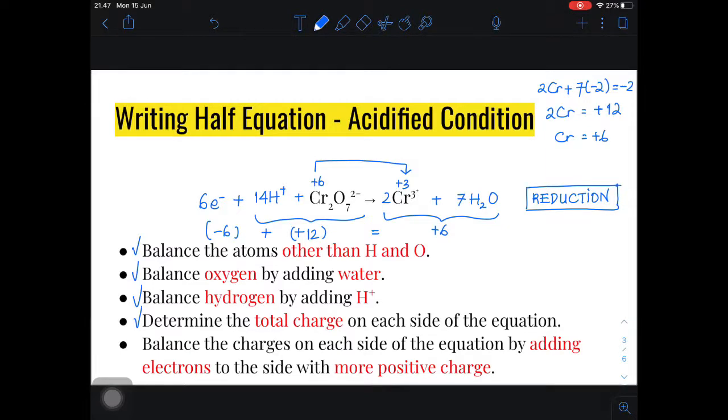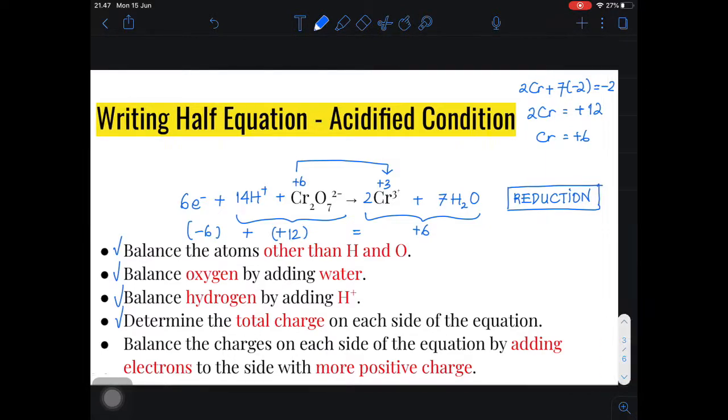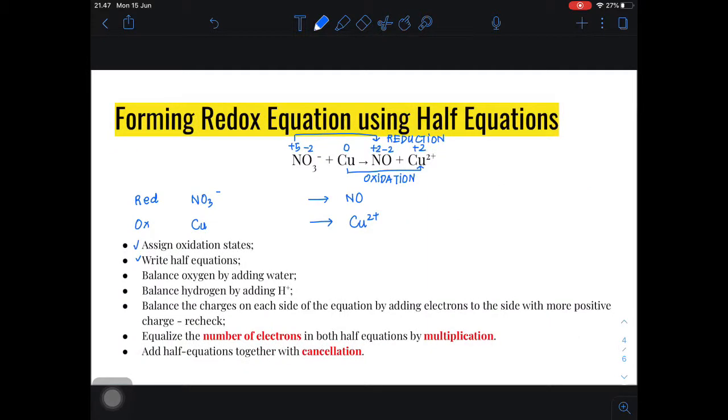So we need to do what's on the list again, which is similar. Balance the atoms other than hydrogen and oxygen. In this case, we don't need to, because in both the reduction and oxidation processes, the quantity of all the atoms other than hydrogen and oxygen are balanced.